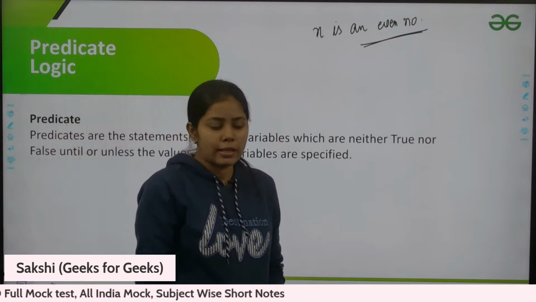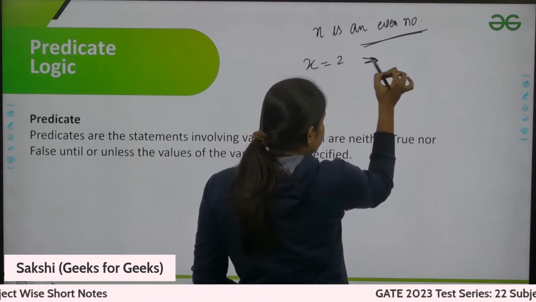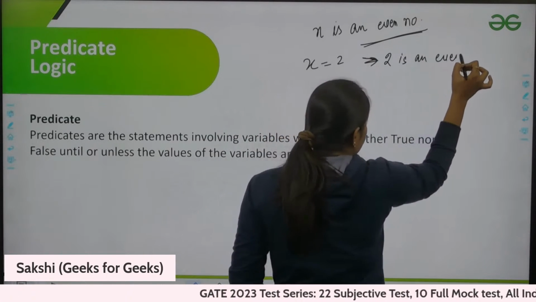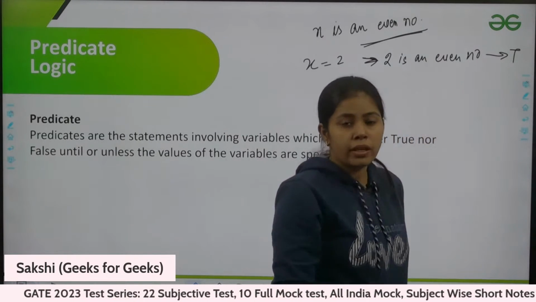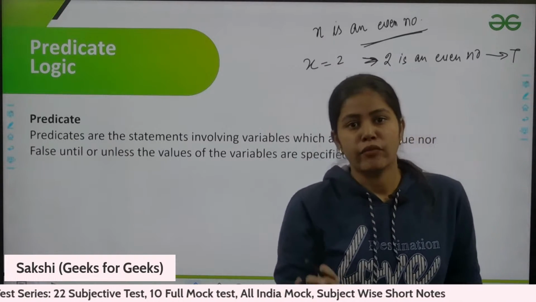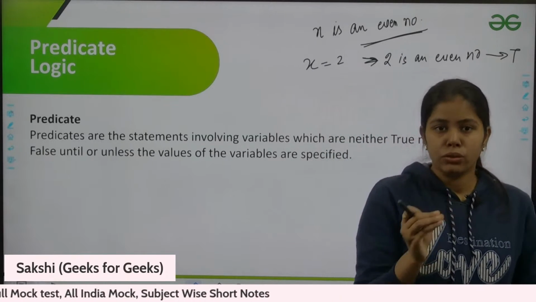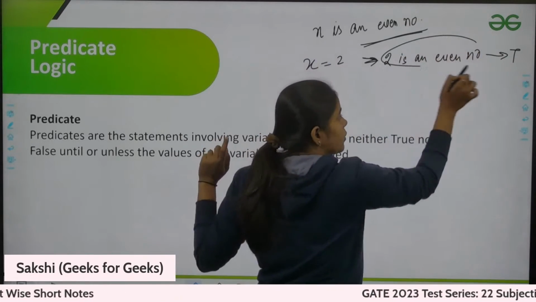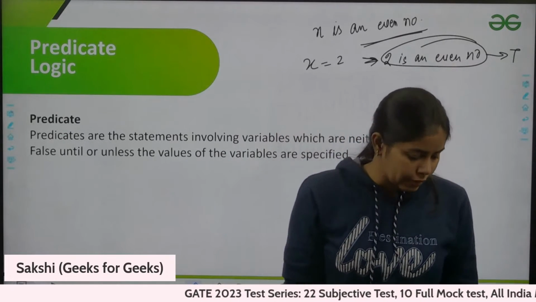Let's suppose I assign x equals 2. So it will become 2 is an even number. Now its truth value is true, right? And you can notice that assigning one value to this variable, it becomes a proposition. In the starting it is not a proposition because it does not have any truth value.